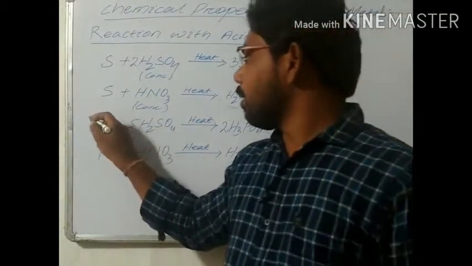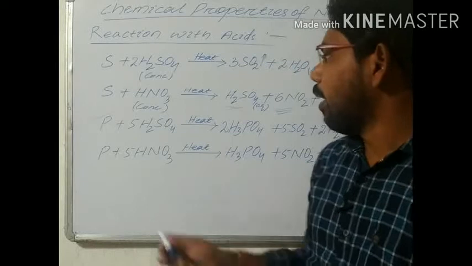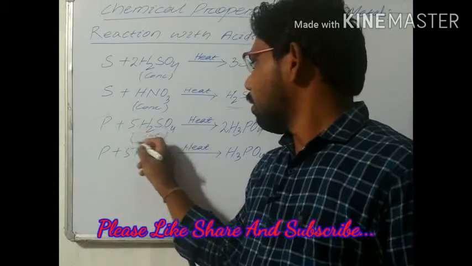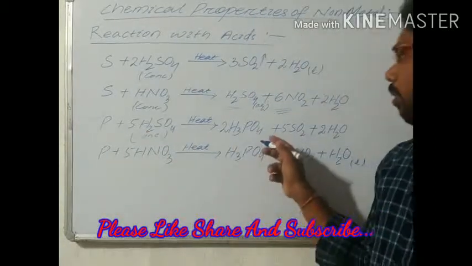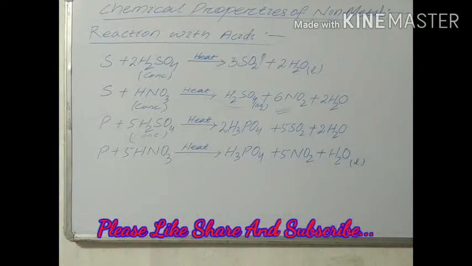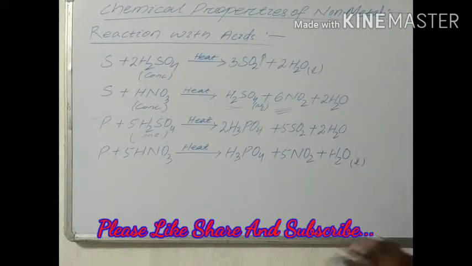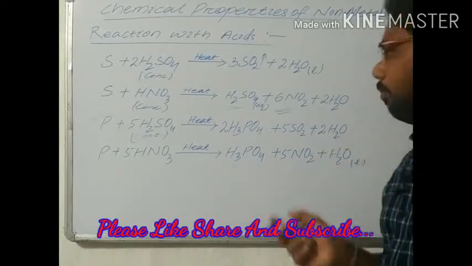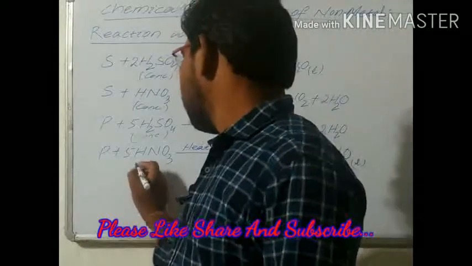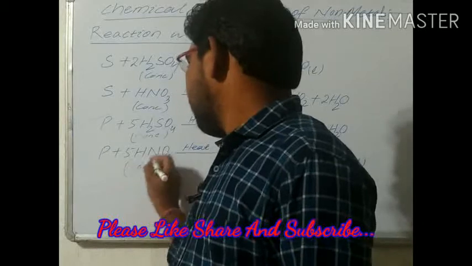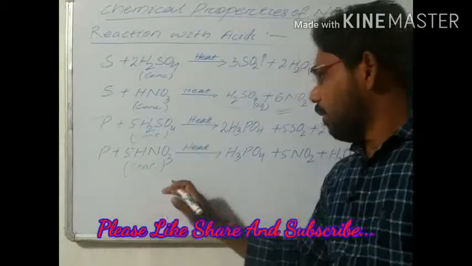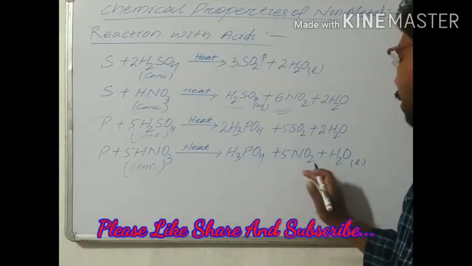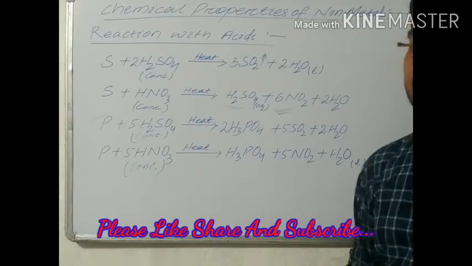Next, another non-metal is phosphorus. Phosphorus also reacts with concentrated sulfuric acid. Then we get H3PO4, which is phosphoric acid, formed along with sulfur dioxide and water. Phosphorus also reacts with concentrated HNO3, and when these two are heated, we get phosphoric acid along with nitrogen dioxide and water.